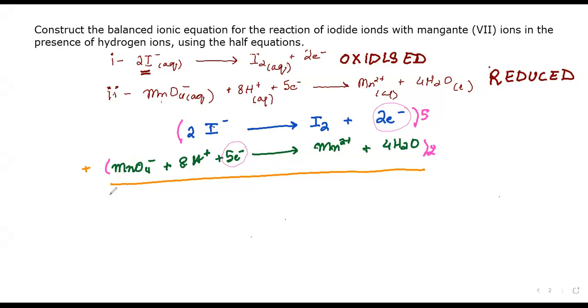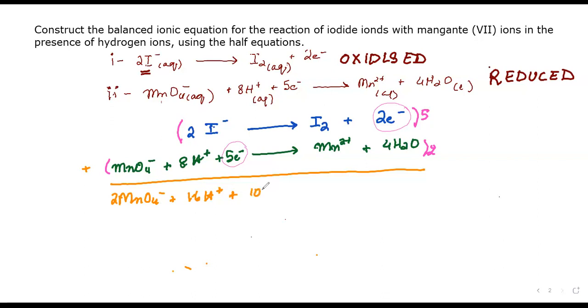So I will have 2 MnO4 minus, plus 8 twos are 16, so 16H plus. Plus I have 2 iodide, and I have to multiply 2 iodide by 5.